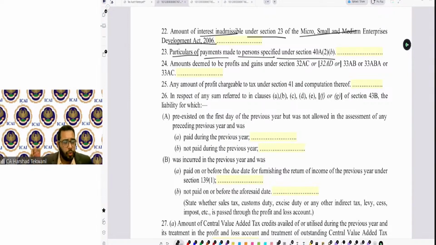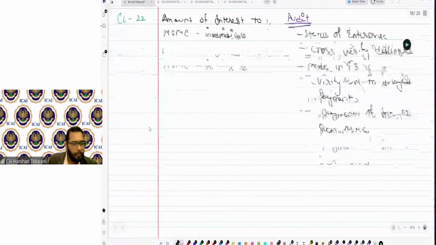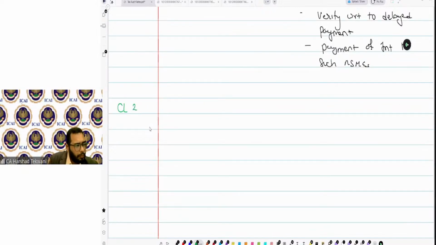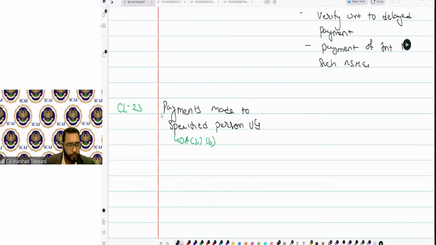Here I am required to disclose the payments made to specified persons under section 40A(2)(b).